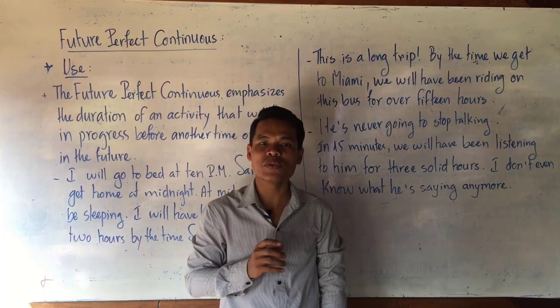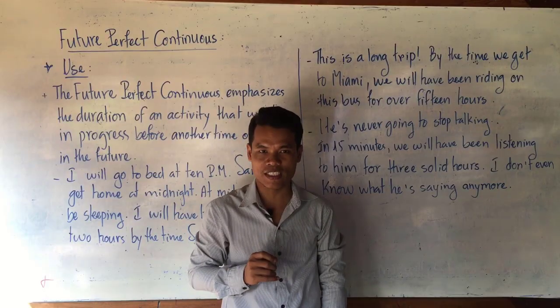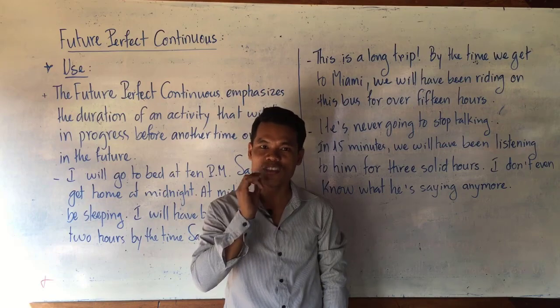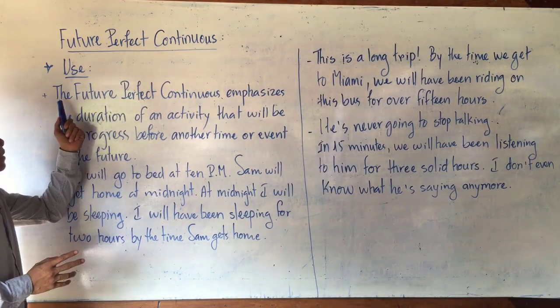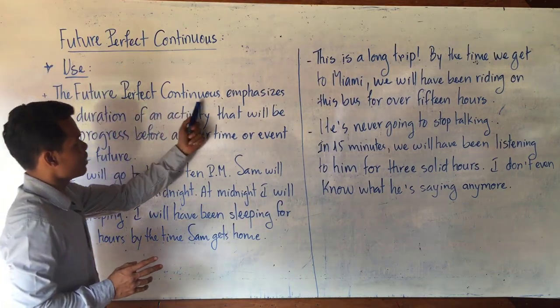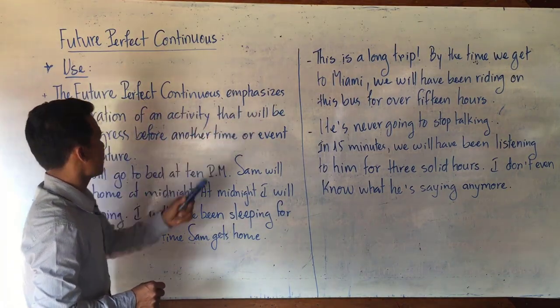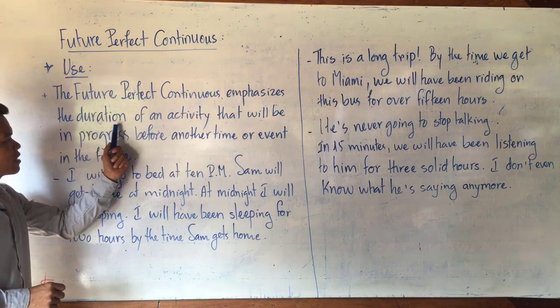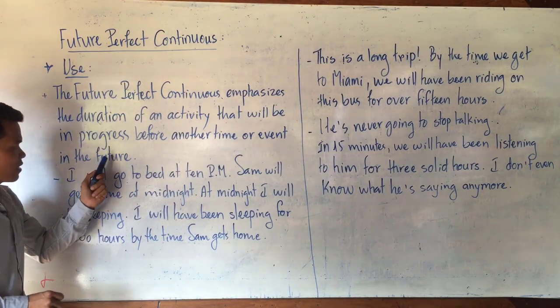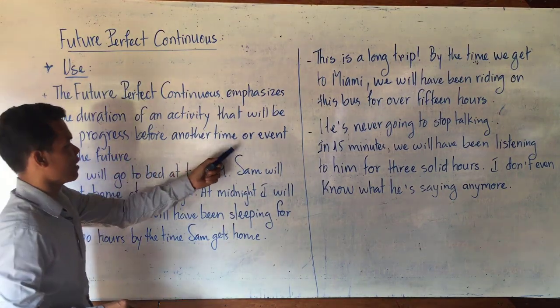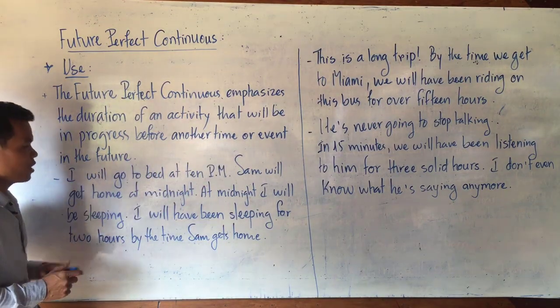I'm going to teach you future perfect continuous usage. The future perfect continuous emphasizes the duration of an activity that will be in progress before another time or event in the future.